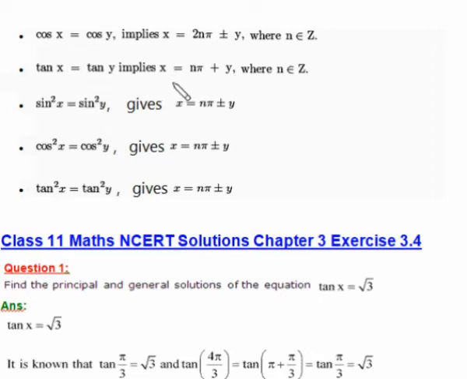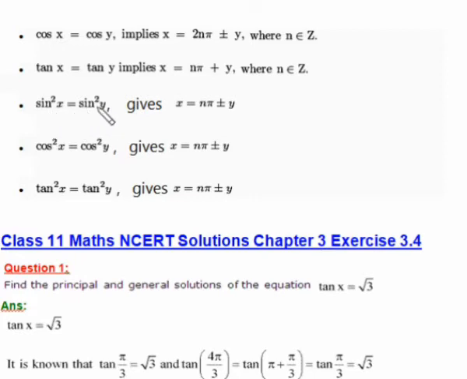Now we have seen two types of trigonometric equations: one where we equate the trigonometric functions with 0, and one where we equate the same trigonometric function with different angles. Now in this case, the square of the same trigonometric function with different angles.